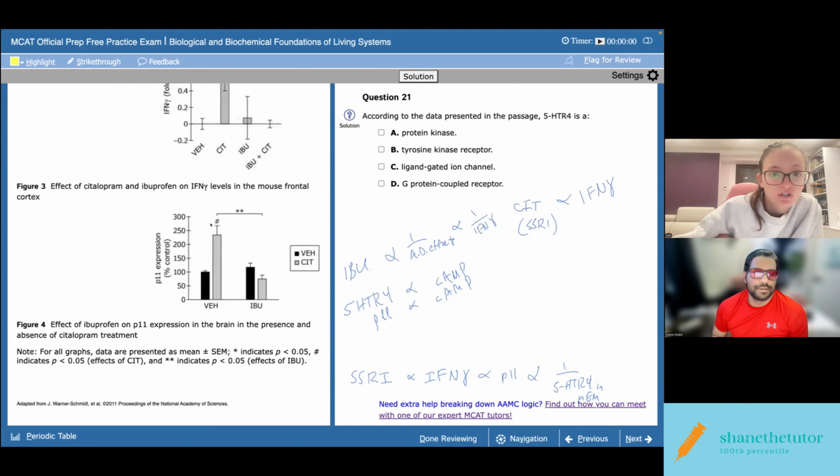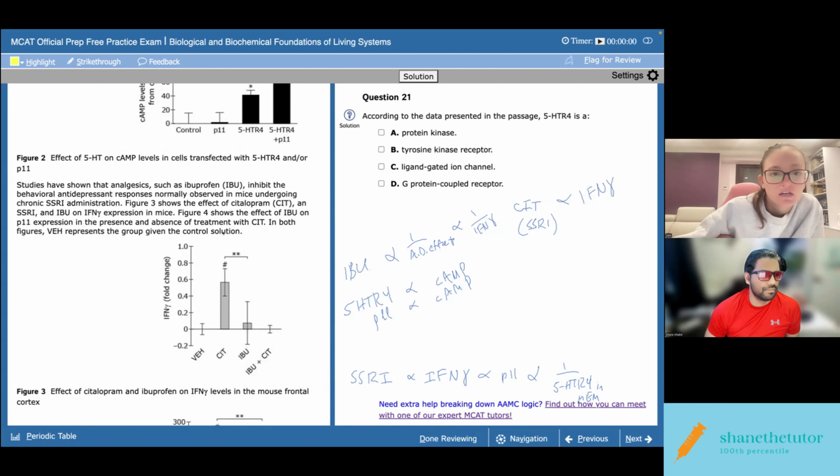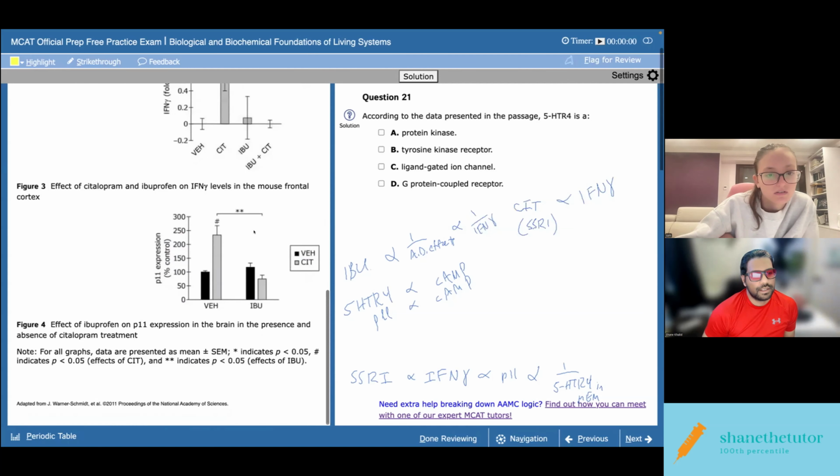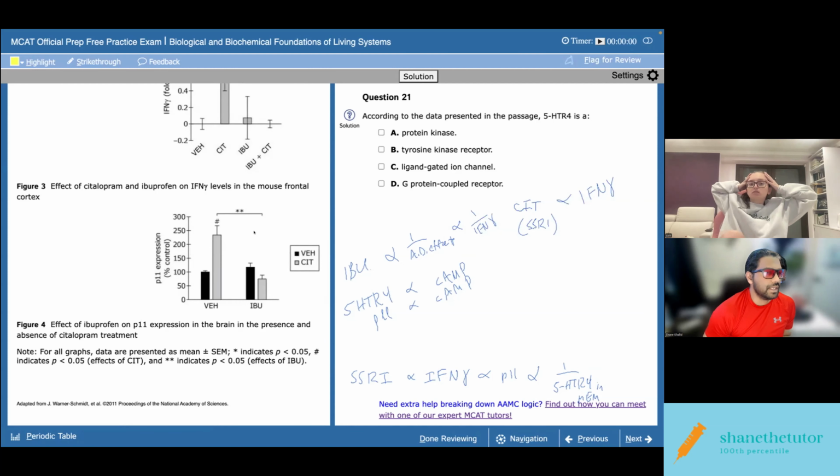Okay. So we said VH was the control, right? So that one has nothing. Let me see again what that was with that VH. Control solution. They don't even tell us what it stands for. Okay, whatever. So, control. And so we see in the control, the black bars are the control, the CIT is the ones given the SSRI citalopram.